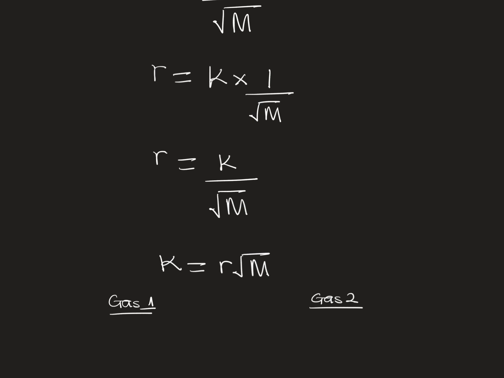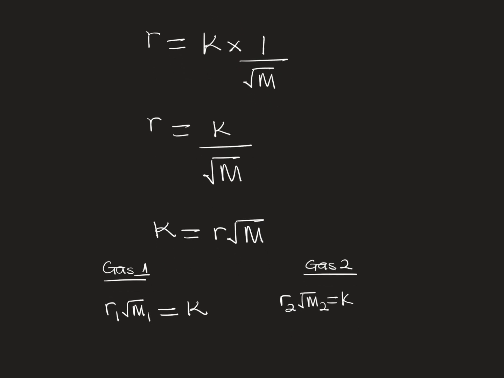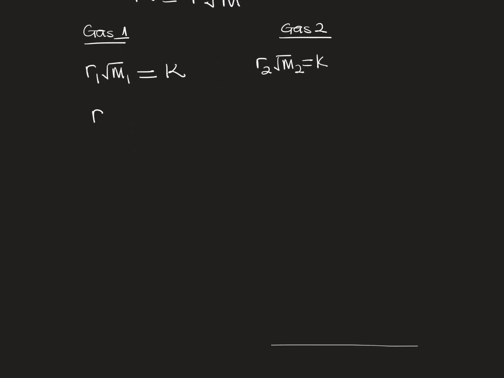Since K is constant, we can say R1 root M1 is equal to K and R2 root M2 is equal to K. So that implies that R1 root M1 is equal to R2 root M2.